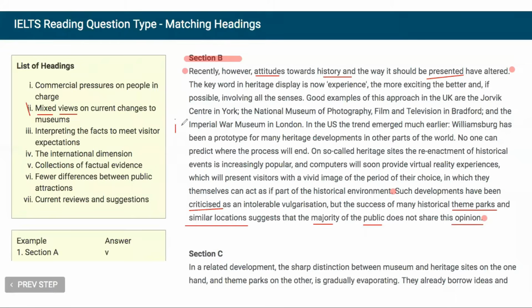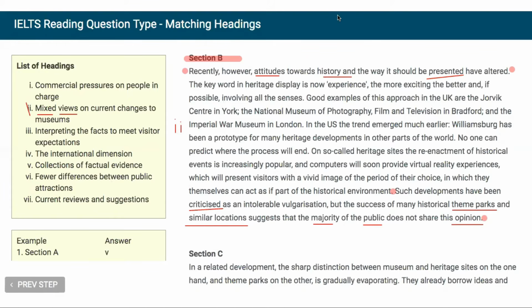So I'm going to make margin notes, and the margin notes I'm making are just for me to remember, okay, when I go to solve this question, 2 is probably a good option because I'm looking at opinion, the public, and attitudes towards history. 2 is looking like a good option.